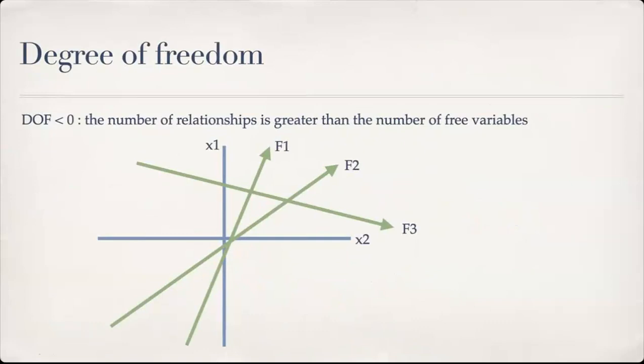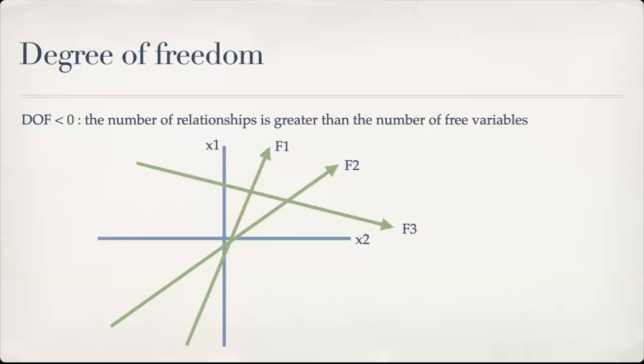We want to find X1, X2 that yield the smallest value of the objective function. However, if I give you F1, remove F2, F3, only F1, now you minimize the same objective function.